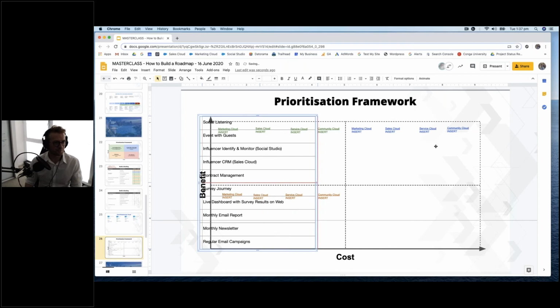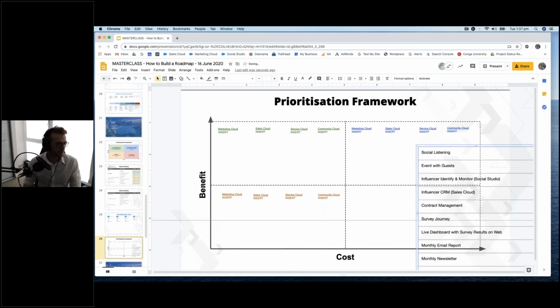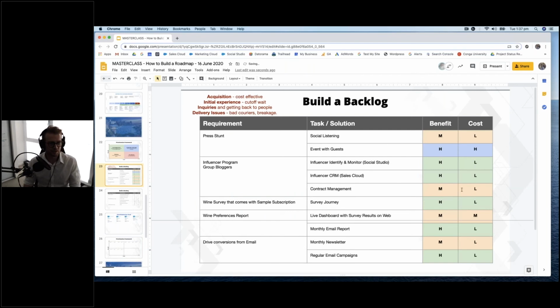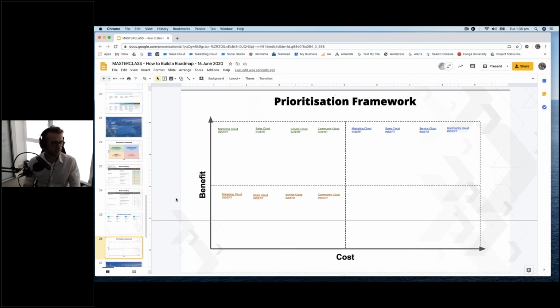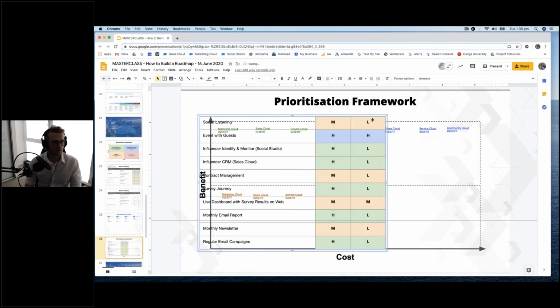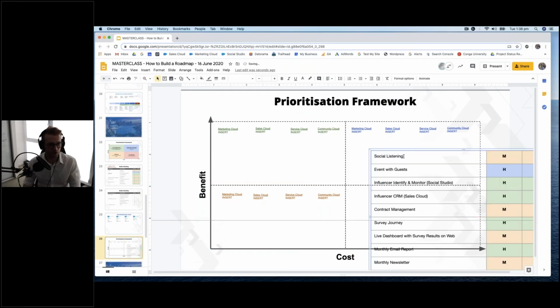And I forgot to copy the colors as well. Okay, bear with me. Great. Cool. So just as a reference point, I'm just putting that there so I can plot these things where they belong.